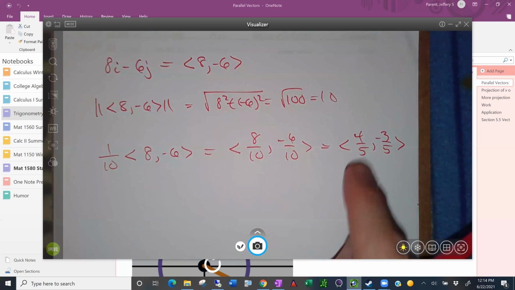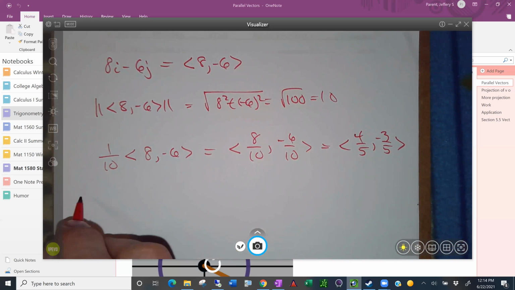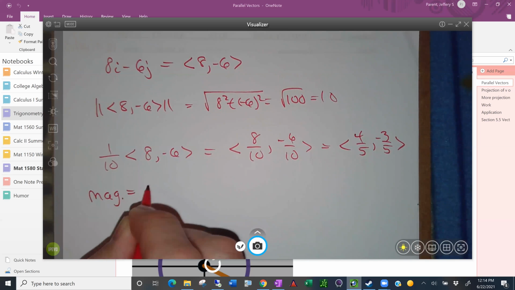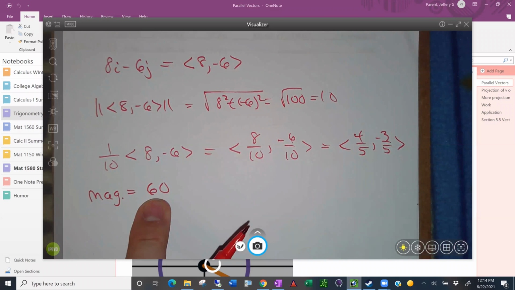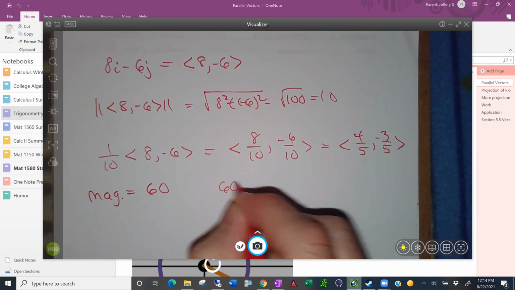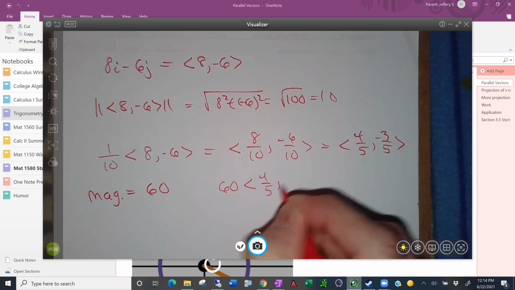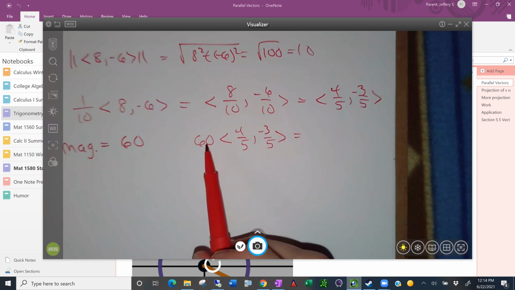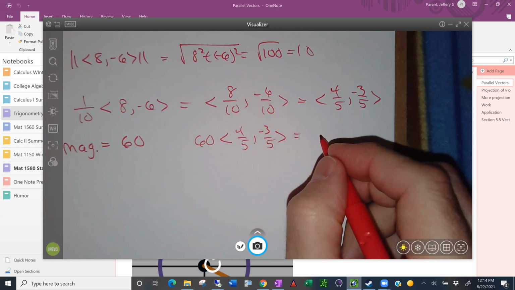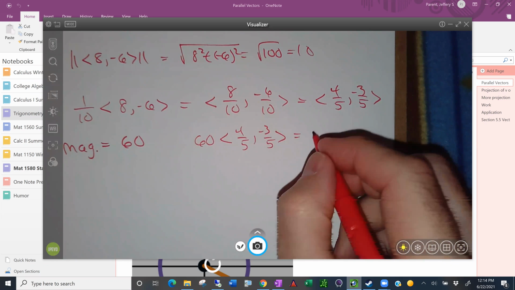If I now take that unit vector and multiply it by my desired length, so the magnitude that I want was 60, so if I want a vector that points in this direction with a magnitude of 60, I can just multiply this times this. So 60 times (4/5, -3/5). That's going to be what, (48, -36).